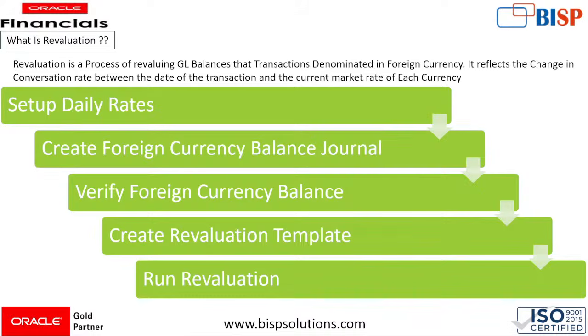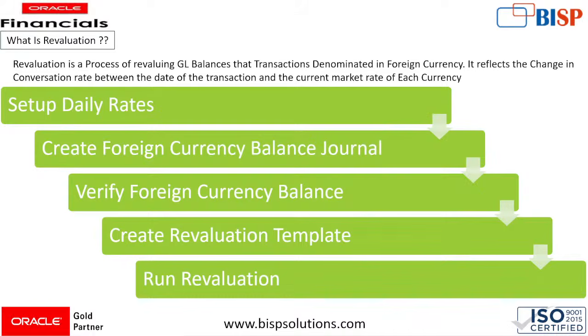Or you can say revaluation is a process to revalue the GL balances that transactions denominate in the foreign currency. It reflects the change in the conversion rate between the dates of the transaction and the current market price of each currency, right?